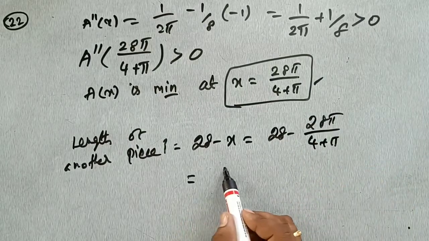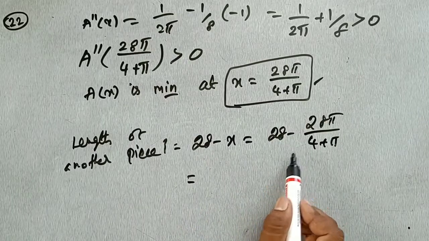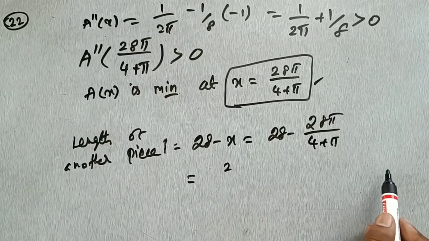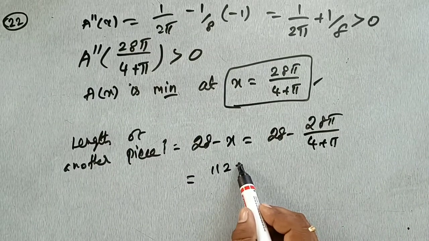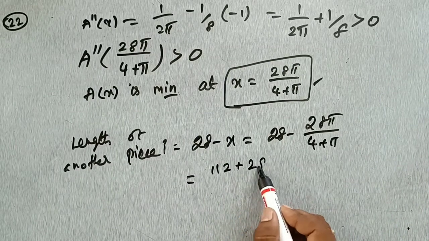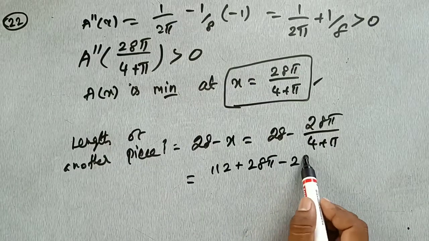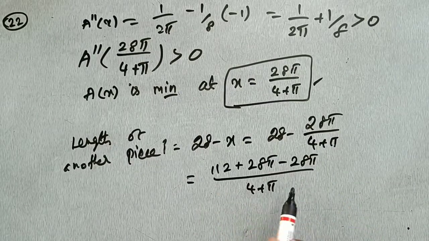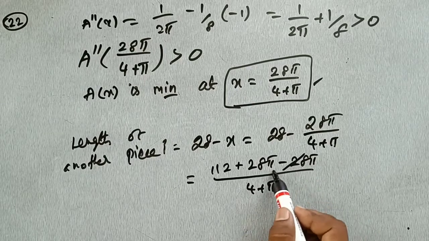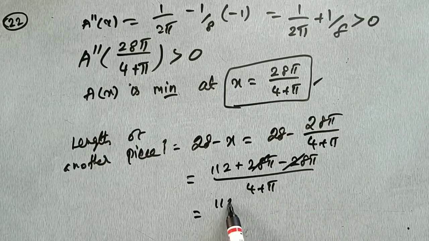Taking the LCM, 28 into 4 we multiply, 112 plus 28 pi minus 28 pi, whole divided by 4 plus pi. Cancelling these two, we get 112 divided by 4 plus pi.